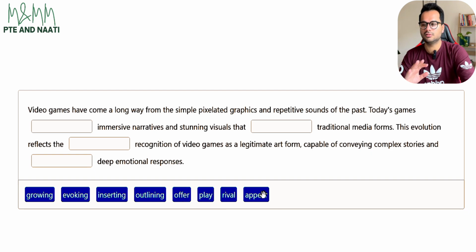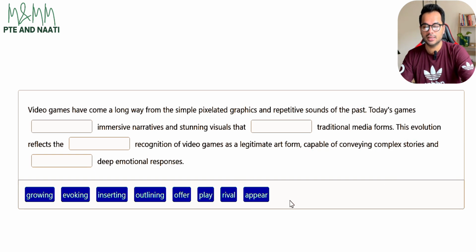Now it's time to read out the sentence with all these 3 options and see which one sounds the best and which one makes more sense. Today's games offer immersive narratives, that perfectly makes sense. That means they provide. Then today's games play immersive narratives. Now games cannot play, we play the game. So again, that doesn't make any sense.